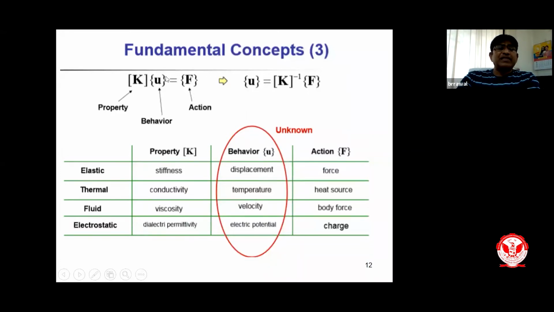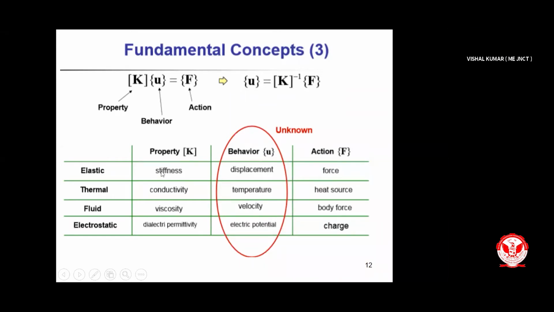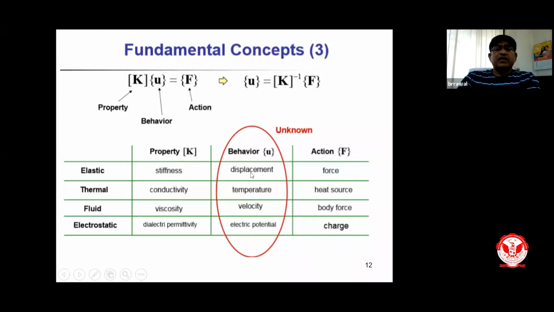So here, u is the unknown behavior, and how can we find out this unknown behavior? By solving these equations. So for elastic analysis, which means structural analysis, the property given is stiffness, the behavior we find out is displacement, and the action is force.